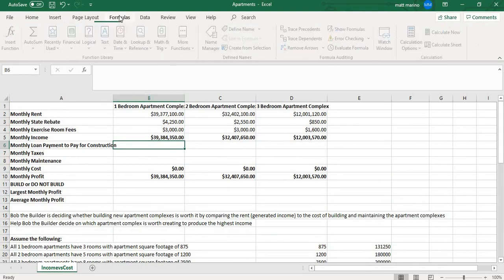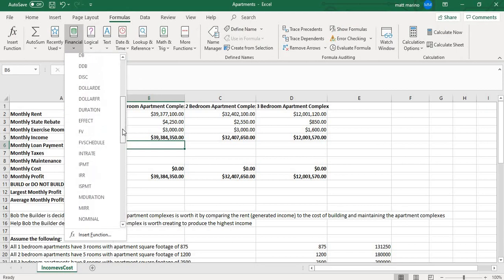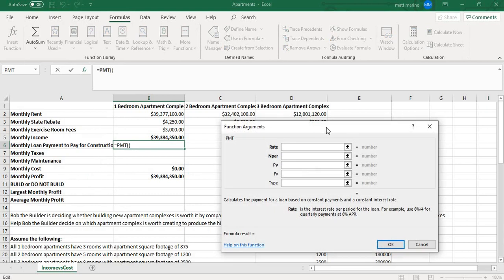So we use a formula within the financial section known as PMT, or payments. So we need to find our rate. Our rate is an absolute cell reference found in cell E35 of 4.5%.